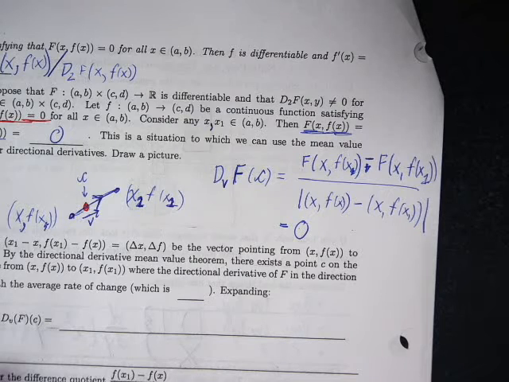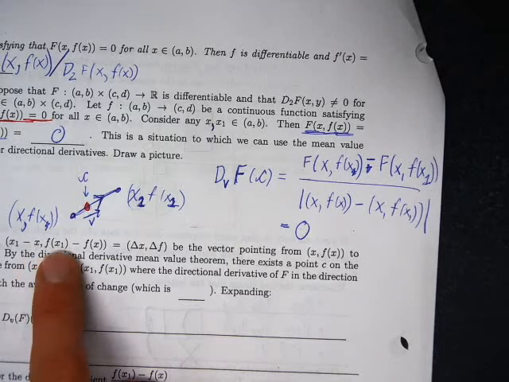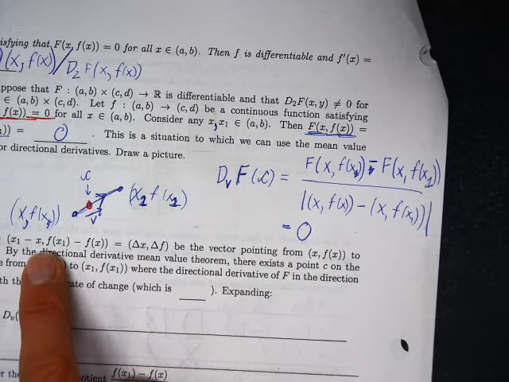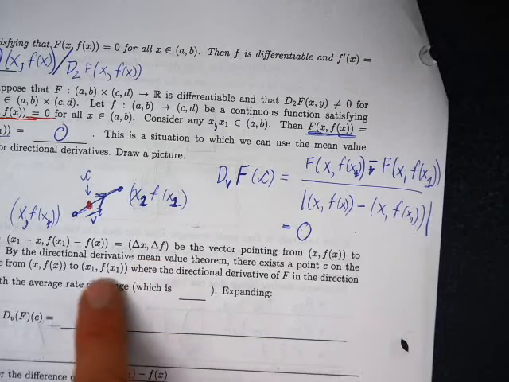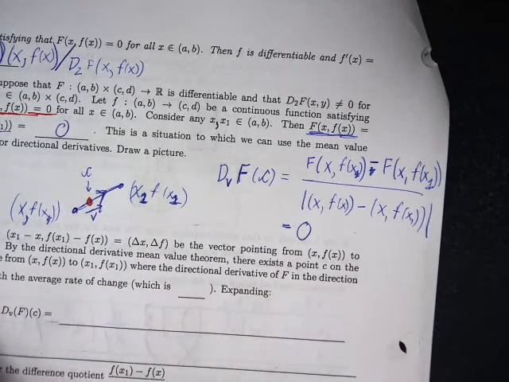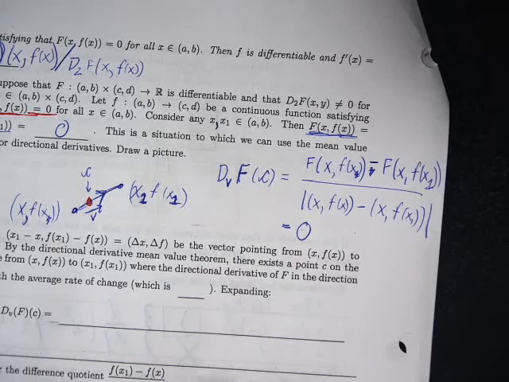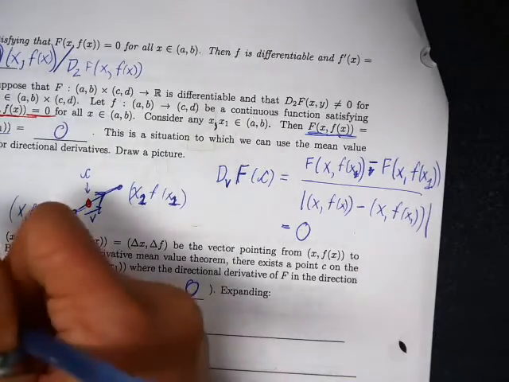And now let's just write down all of the names of things. V, I said, is the vector pointing from x1 f of x1 to x f of x. Maybe it's even useful to call that delta x comma delta f. Okay, and that's just saying what I already said. There is a point on that straight line where that directional derivative agrees with the average rate of change, which is 0.